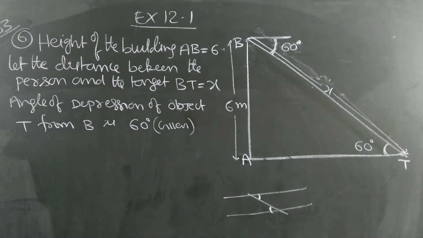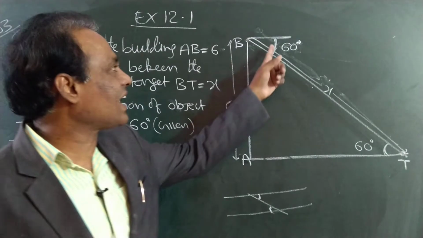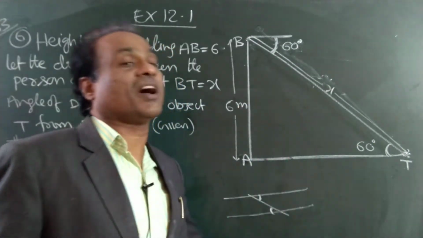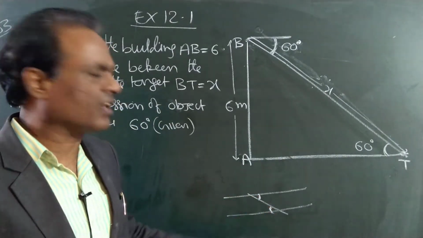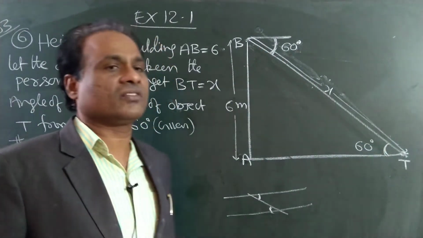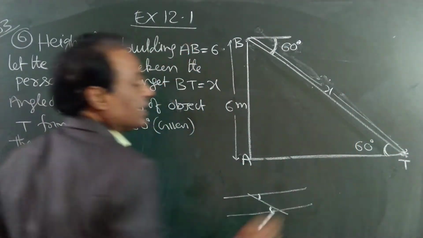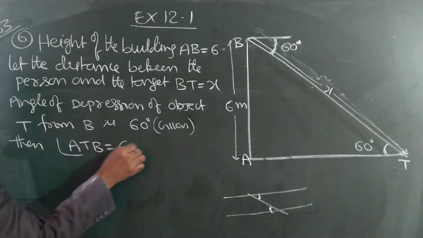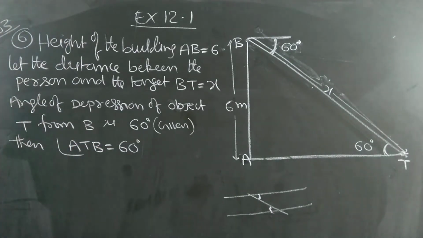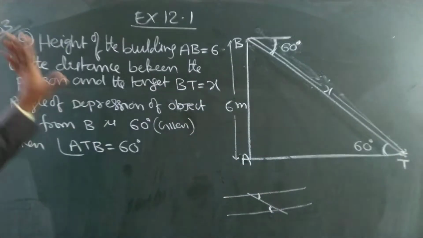Then if this is 60, this will also be 60, because they are called alternate angles. You studied this in geometry in 8th and 9th class. It is simple, this and this are equal. So angle ATB is also 60 degrees. The complete problem I wrote here.